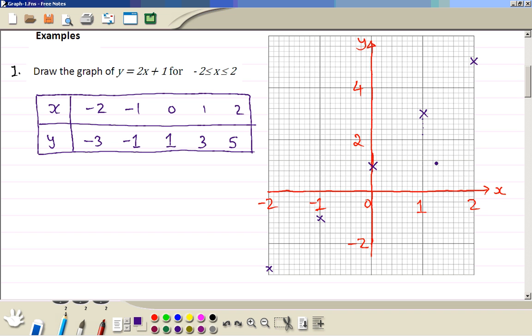So now we're going to join these points. This point in the middle will help you to draw the straight line.